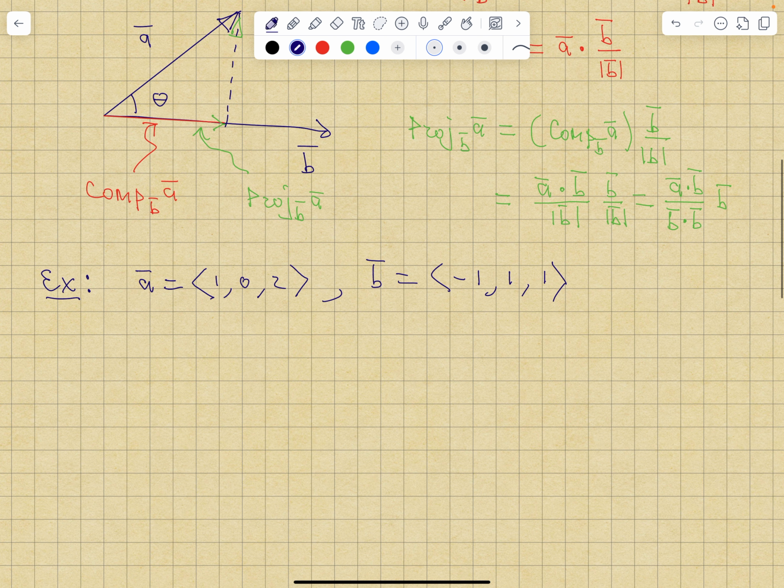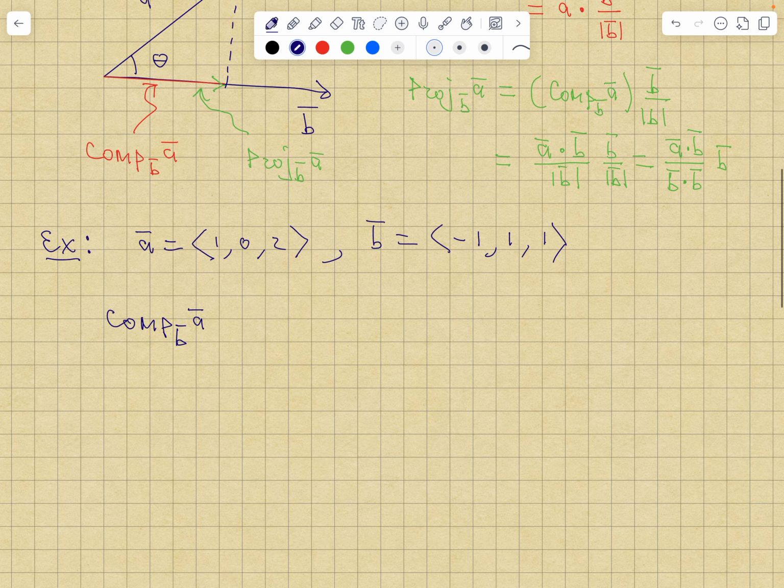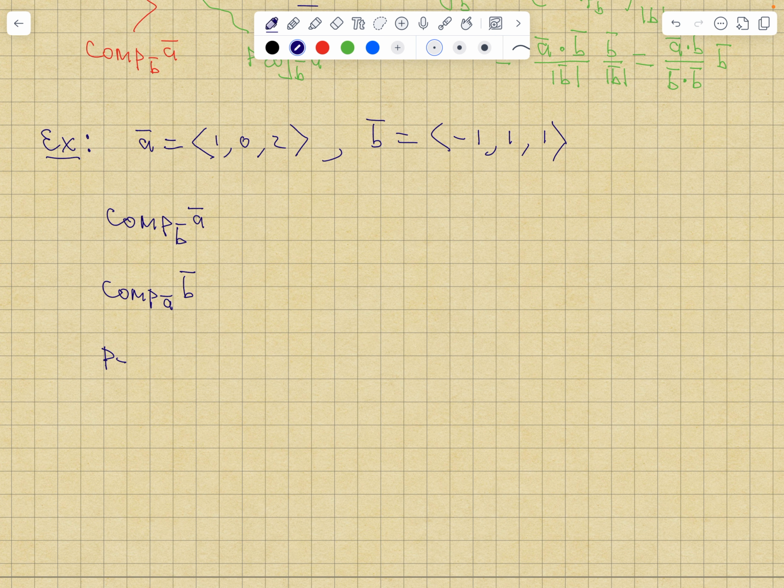And I want to find both comp A onto B. Actually, I want to find four things: comp AB, comp BA, and then the projection of A onto B, and the projection of B on A.